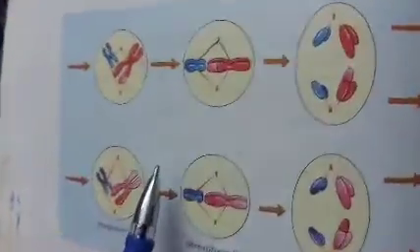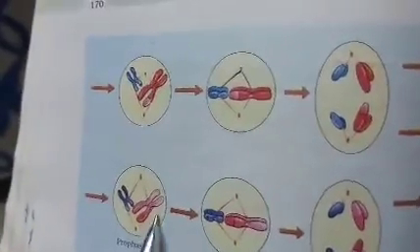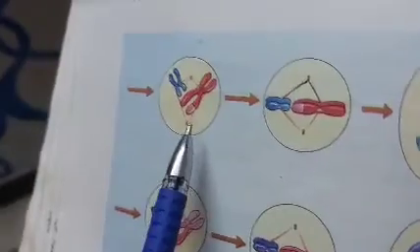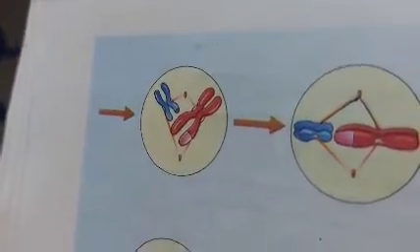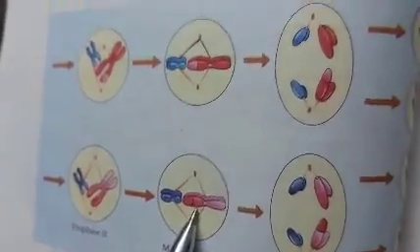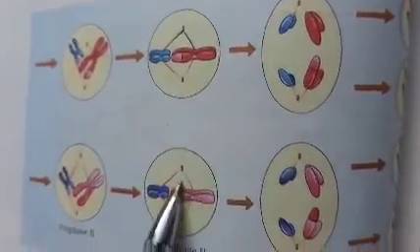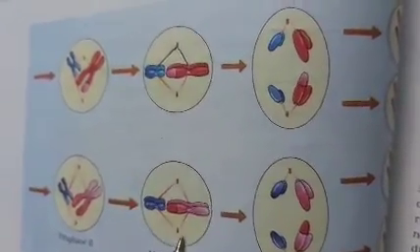M2 is called equational division. In this M2, what happens in prophase second: again the nuclear membrane and nucleolus start disappearing. In metaphase second, chromosomes start arranging themselves towards the equatorial plate, and spindle formation is there.